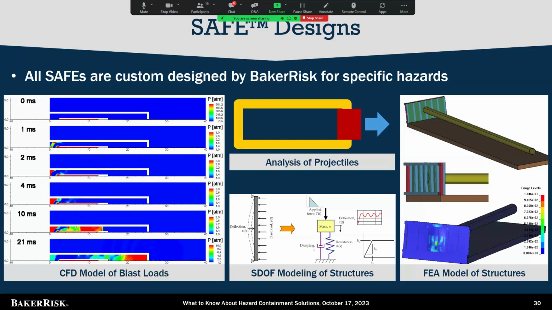And so we'll get blast loads on different surfaces of the enclosure and then use that for a structural design using something like a simplified single degree of freedom or SDOF model. That's shown in this image at the bottom. That's an equivalent spring mass system, allowing for dynamic nonlinear structural analysis.